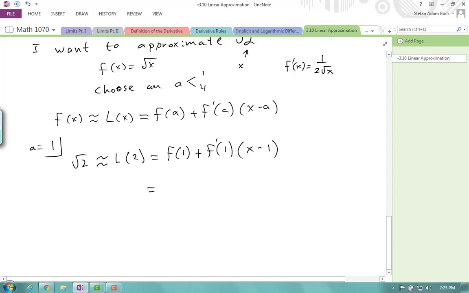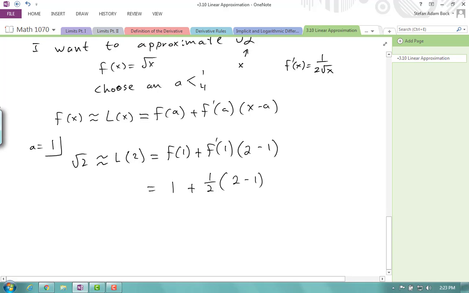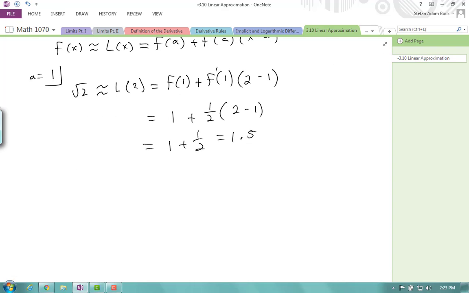So down here, f of 1 is 1, plus 1 over 2 times 1, multiplied by x minus 1. X is 2, 2 minus 1. So I ended up with 1 plus 1 half, or 1.5, which is okay. Maybe the other one will be better.